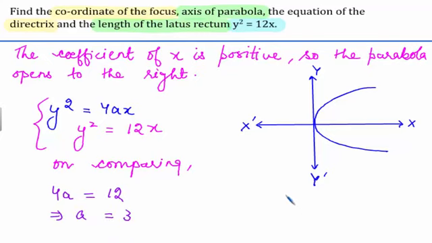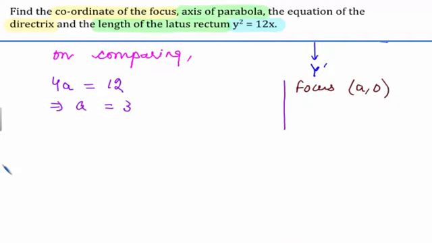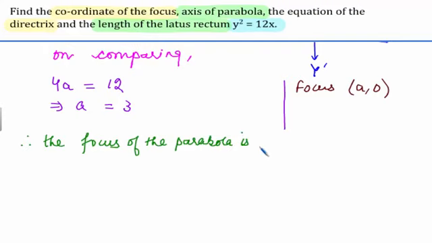Now we know that the focus of the parabola, which is symmetric along x-axis and opens to the right, is given by (a, 0). Therefore the focus of the parabola is (3, 0).